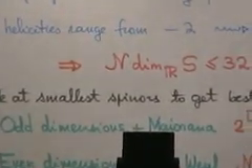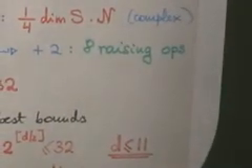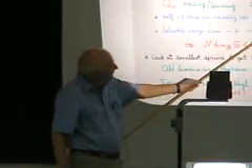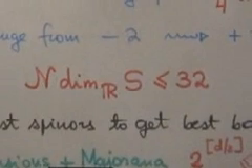So the helicity essentially ranges from -2 to 2, so the maximum should be 8 raising operators, because in 8 steps I can get from helicity -2 to helicity 2, and I should not be able to go beyond that. I should not have a multiplet that's longer than that. So if a quarter of the dimension of S times n is less than or equal to 8, that's equivalent to n times the dimension of S being less than or equal to 32.